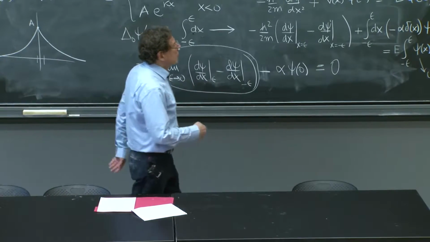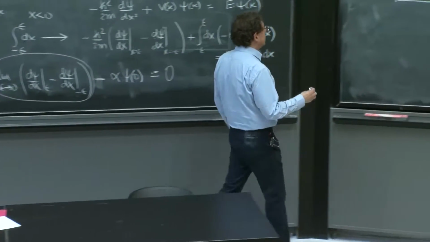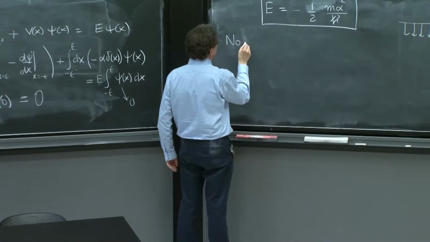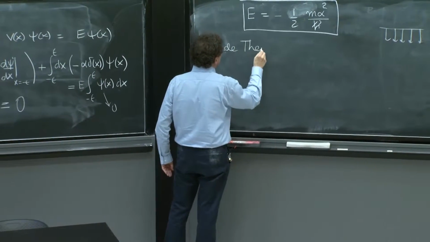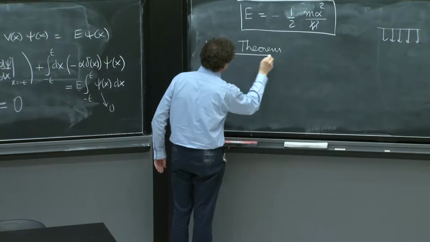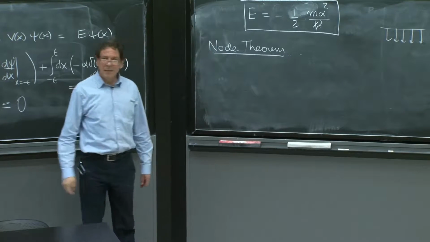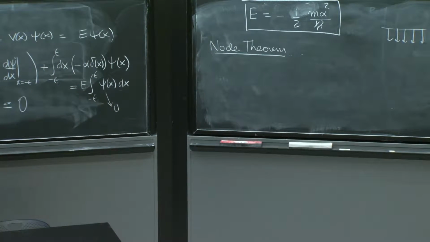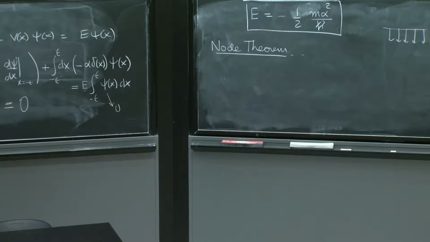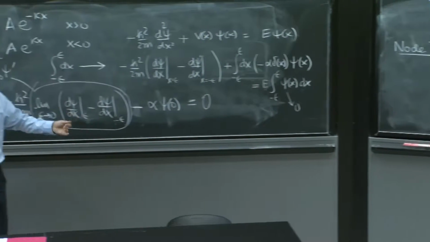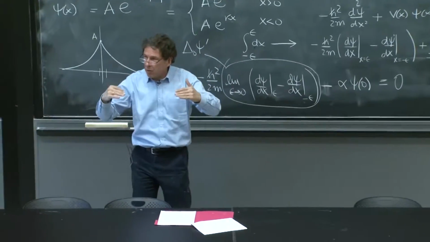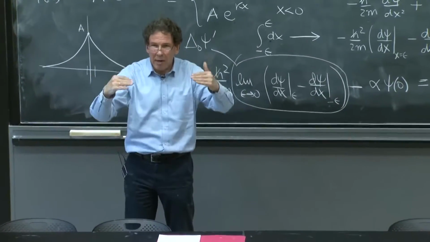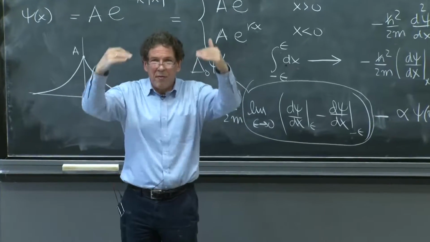The next thing I want to say for a few minutes is about the node theorem. And it's something we've seen before. We've heard that if you have a one-dimensional potential and you have bound states, the ground state has no nodes, the first excited state has one node, second, 2, 3, 4.